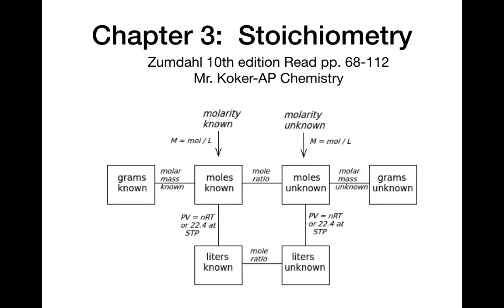As you know, stoichiometry can be done from many different starting points. We can start from the mass of a solid and change it to moles, do the mole ratio, and find the grams of the unknown. Or we can start with the liters of a gas and use PV=nRT or 22.4 liters at STP to change to moles. Or we can even do it with a solution with molarity and change molarity to moles using molarity times liters.